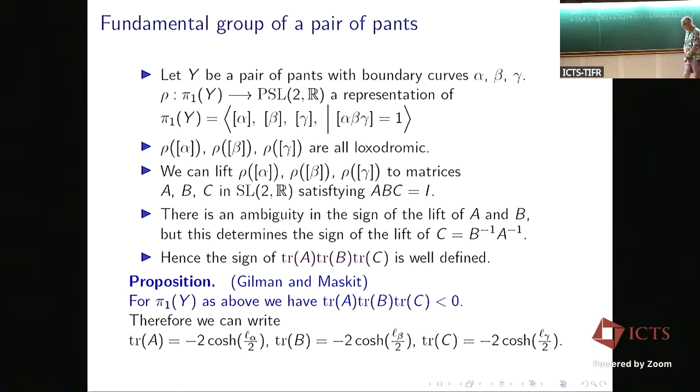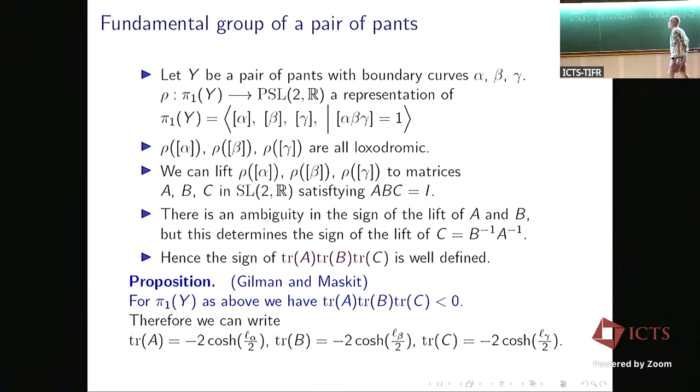And if you think of three hyperbolic elements, and if the trace of the commutator is 2, then that must mean that that's a trivial elementary group. So that's not so interesting. But if I have the trace as being less than 2, then we must have loxodromic elements, and their axes must intersect.